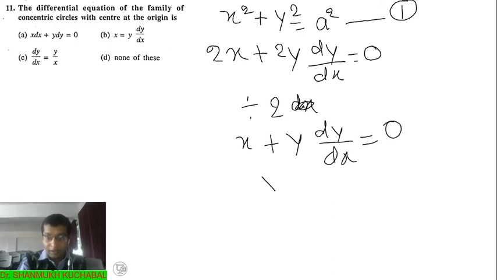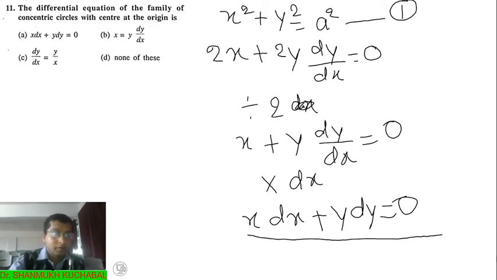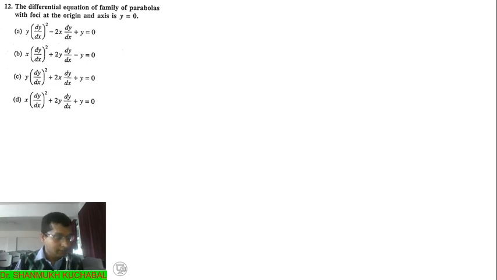So we can multiply by dx now. So we get x into dx plus y into dy equal to 0. This is present in option A, that is x into dx plus y into dy equal to 0. Therefore option A is the right answer.